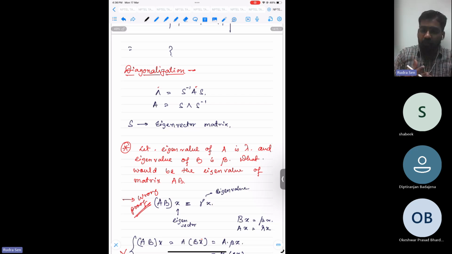If it is not possible, in that case we can find a similar matrix, but that is not exactly diagonal. Although in the similar matrix the diagonal elements consist of the eigenvalues, the off-diagonal elements are not all zero. Here you can see a 1 over there. So this is the difference between the similar matrix and the diagonal matrix.